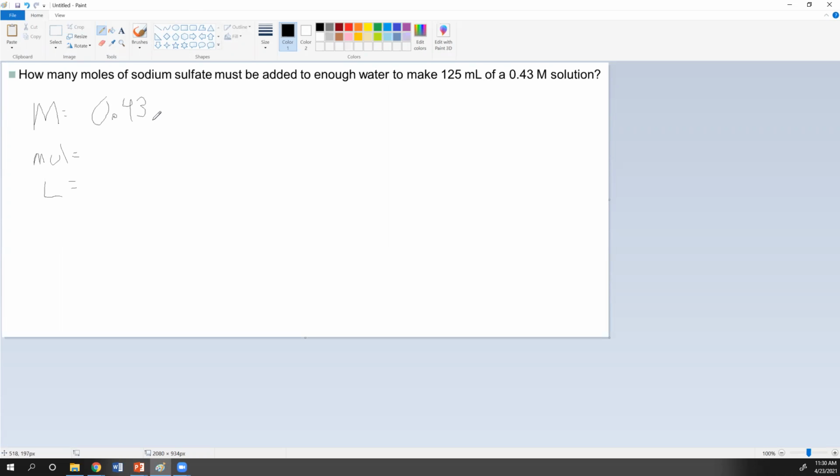That's my question mark. What about my volume? It is not 125. You have to get it to liters, so you divide that by 1,000. So 125 divided by 1,000 equals 0.125. So now I have 0.43 equals X over 0.125.